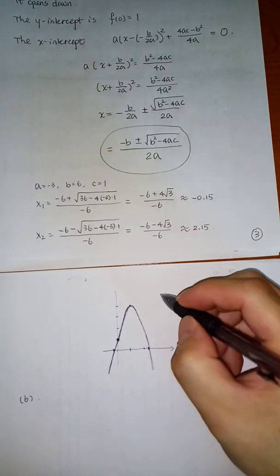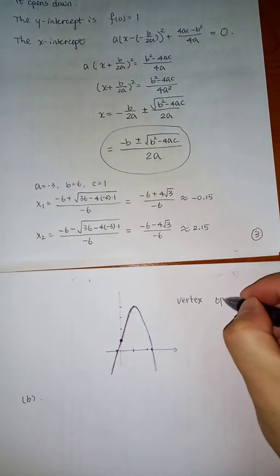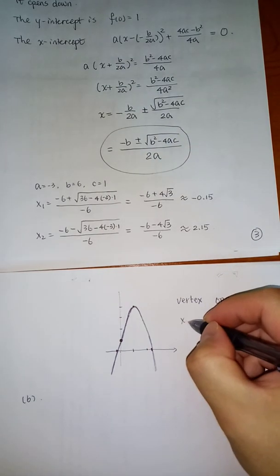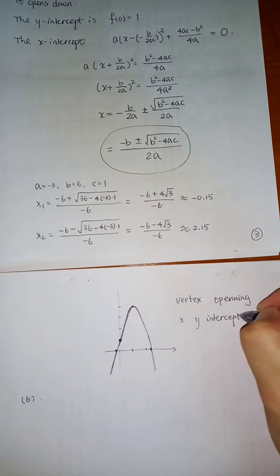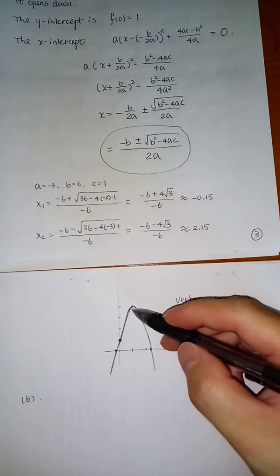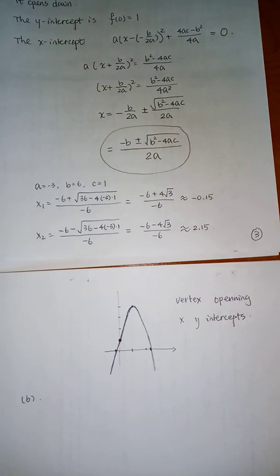Okay, so vertex, opening, x, y intercept. See, 1, 2, 3, 4. Those 4 pieces of information will give you the rough idea about the graph. Okay, so that's more or less everything you need.